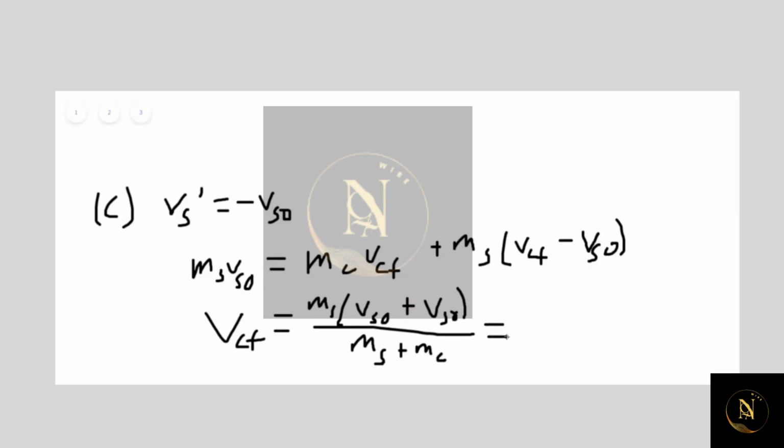So you plug these values into the equation, and this comes out to be 1.1 meters per second. And box that into our solution to part C.